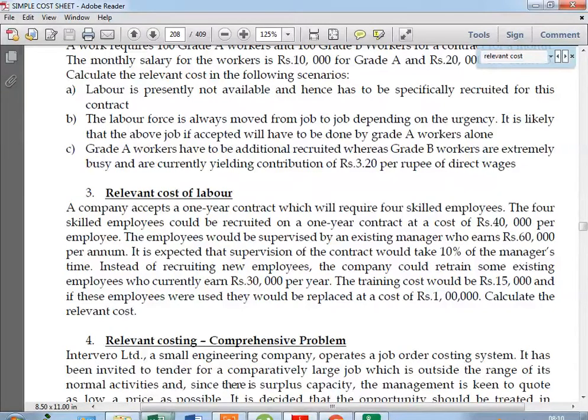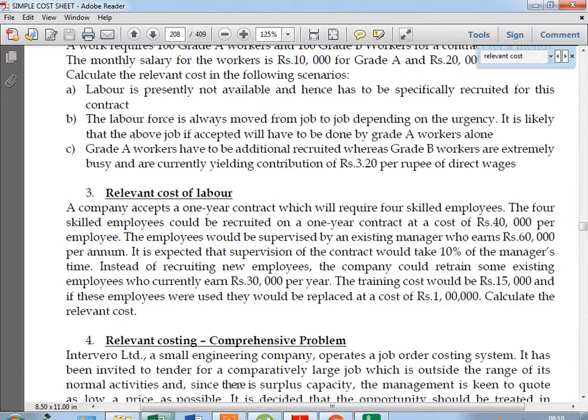Point number A: the company will have to pay a salary of 1,60,000 to the new employees.